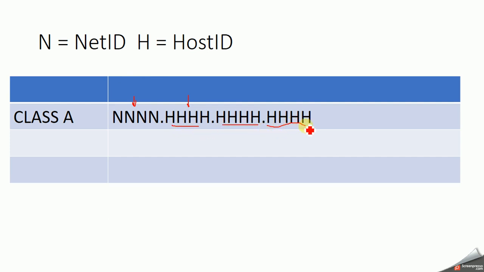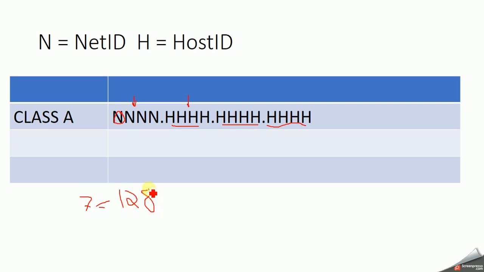And the way class A is structured is that the first byte only is going to be for net ID, just the first byte. And the first bit in the first byte will be a 0. The leading bit is a 0. That leaves us with 7 bits remaining. Now with 7 bits remaining, if you do the math, the maximum number will be 128 we can have.